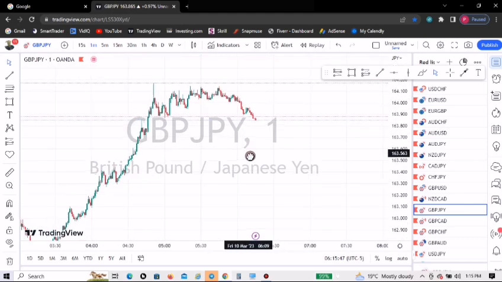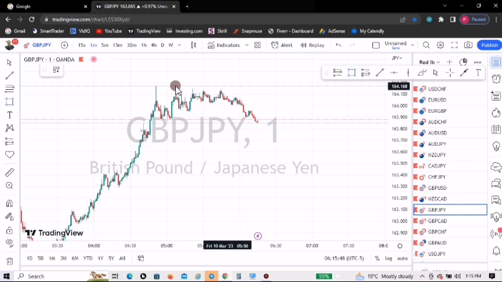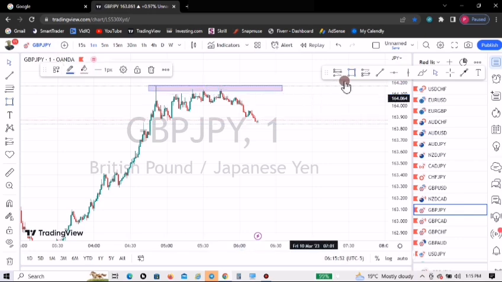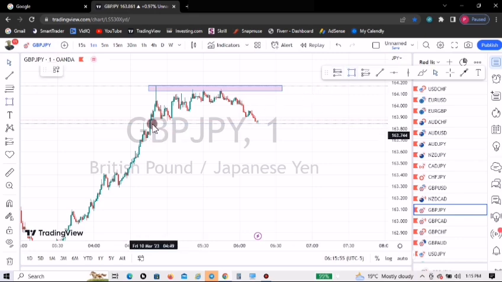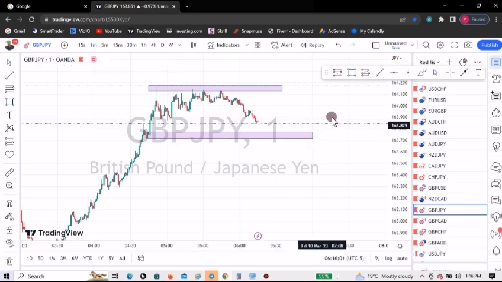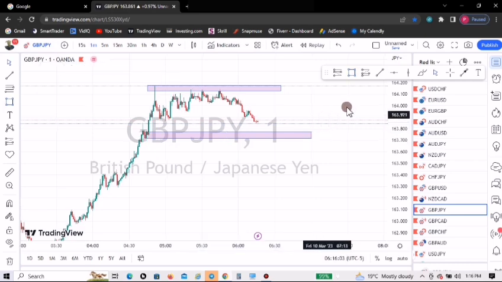It was an uptrend. That was the highest point, and that highest point began right there. If price is to close below this, I can take a sell.